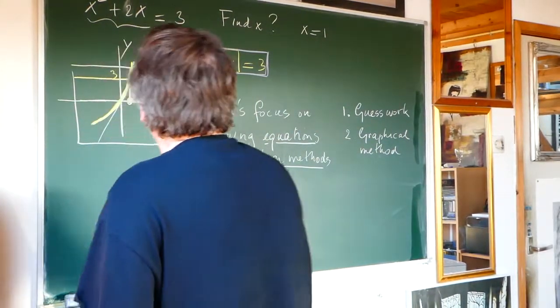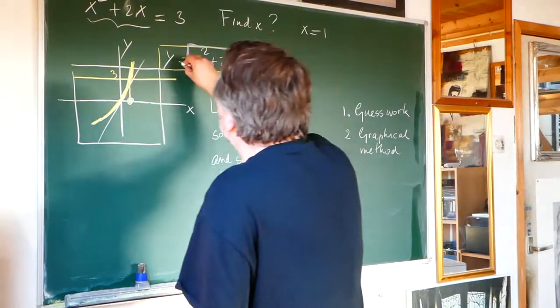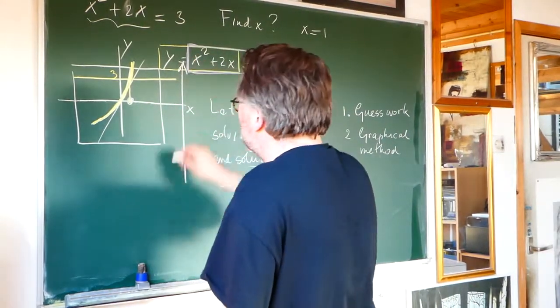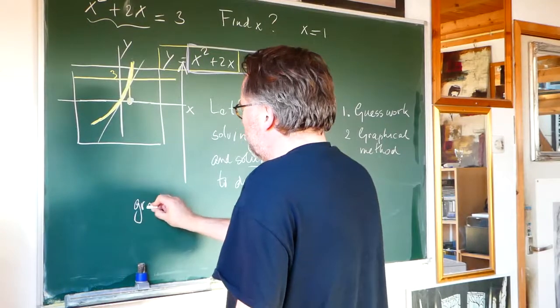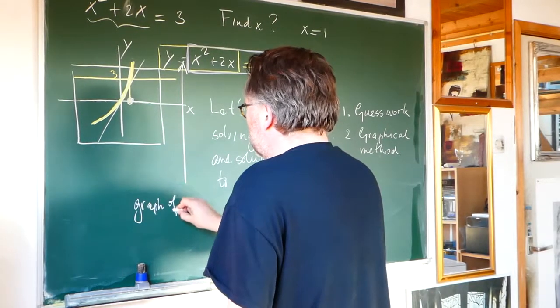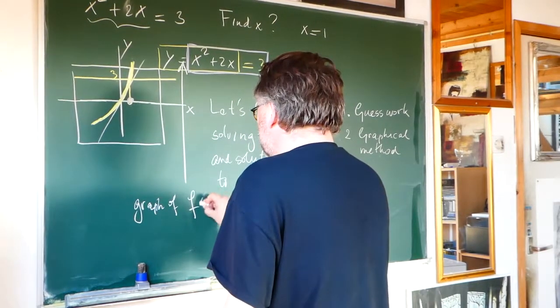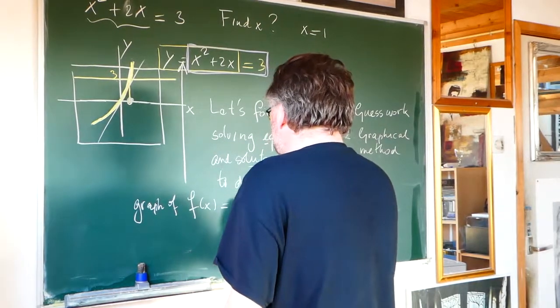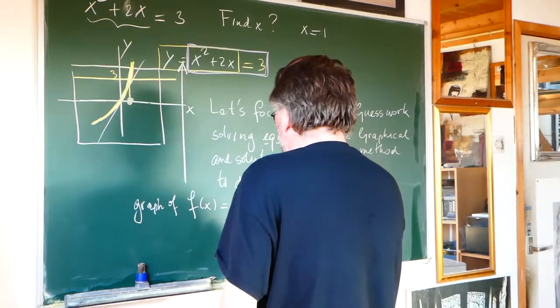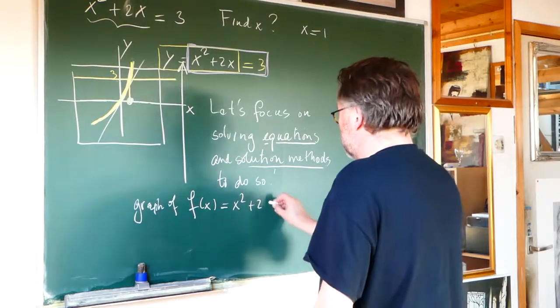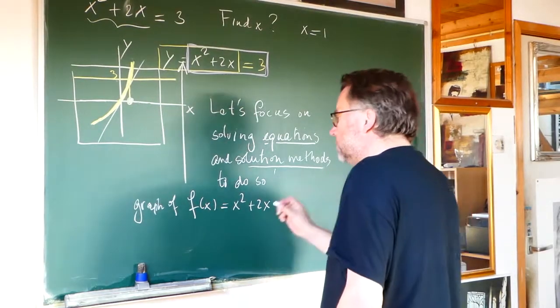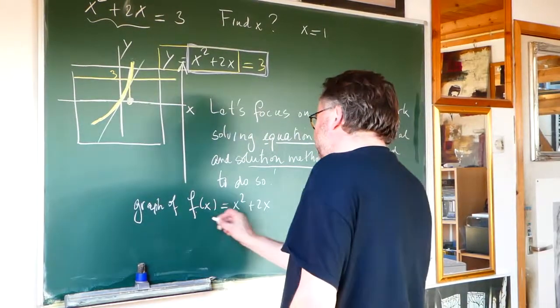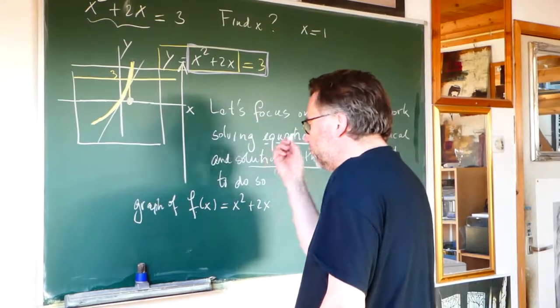if you like, you could say that this here is the graph of f of x squared plus 2x. More precisely, you could say that this is the formula that defines the function.